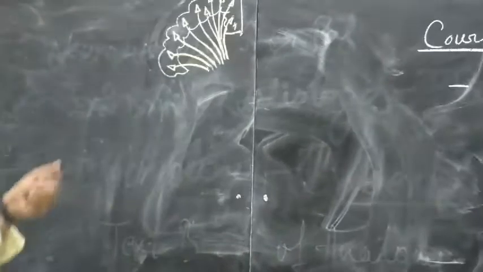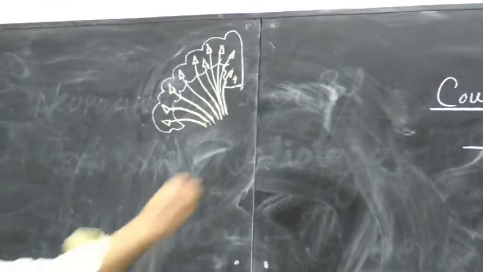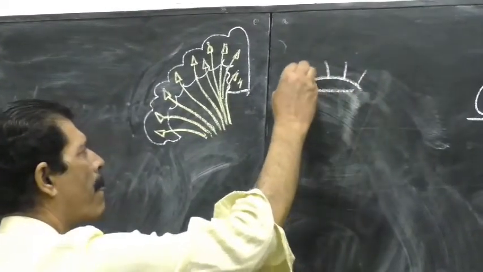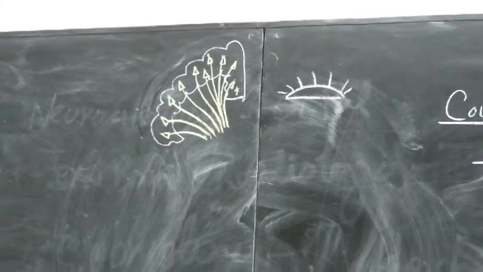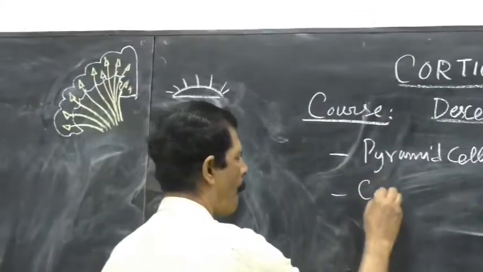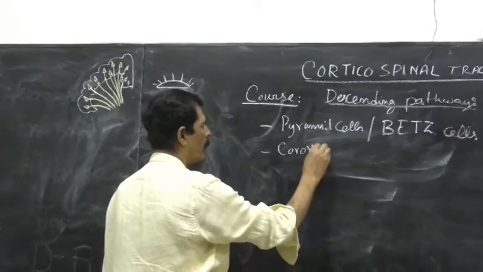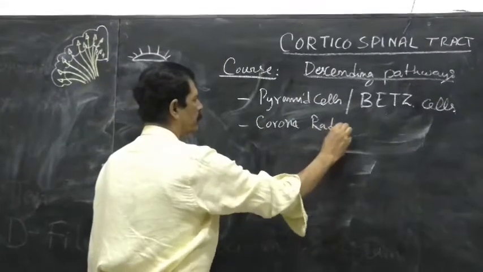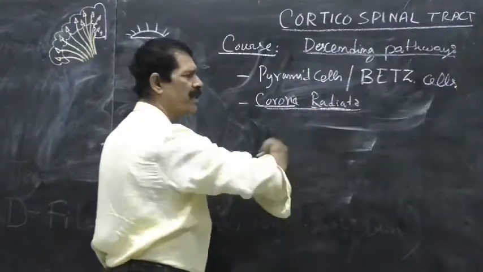As they descend, they look like the rays of the sun. That's why they are now called the corona radiata. Corona means sun, radiata means radiations.